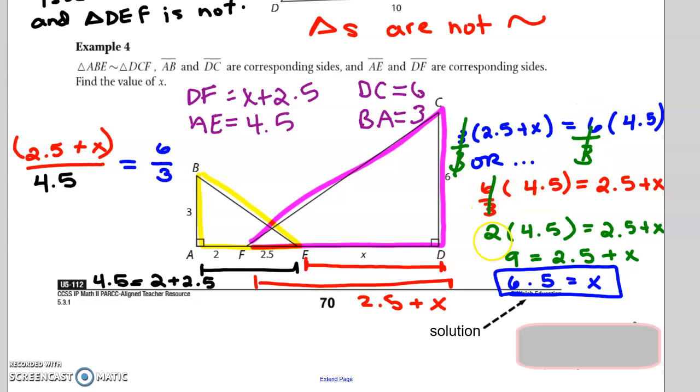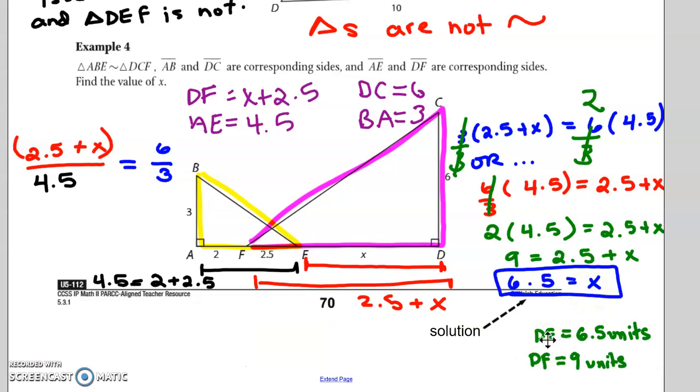And if you go over here, that's how I get the 2 times 4.5. And now that's equal to my 2.5 plus x. And then 2 times 4.5 is 9. Subtract the 2.5 over, and I've solved for x.